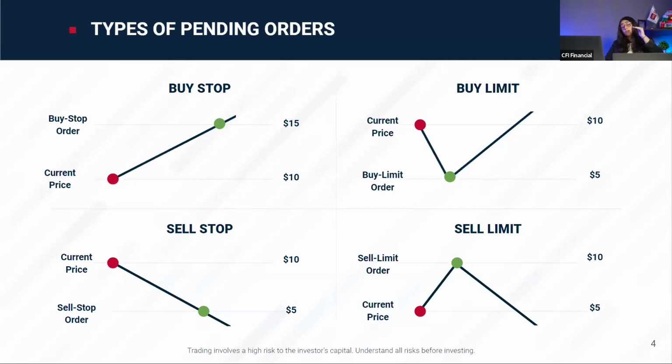As long as the current market price doesn't hit my sell stop order, my trade will not be executed. Once my current market price hits my sell stop order, that's when the trade will be executed. And as long as the price goes down, I will be making profit.